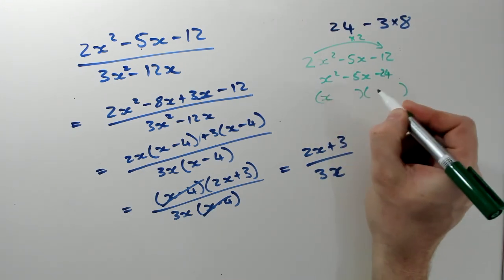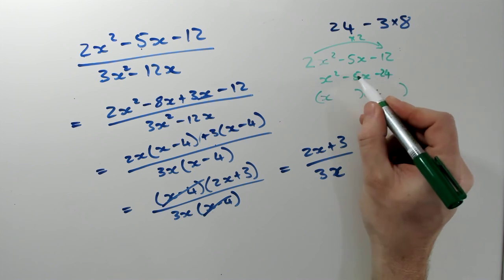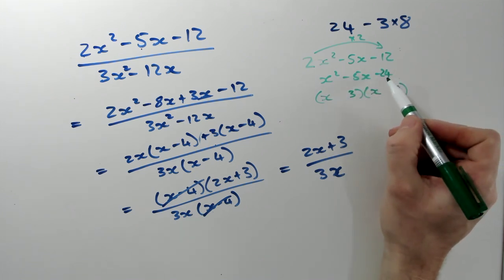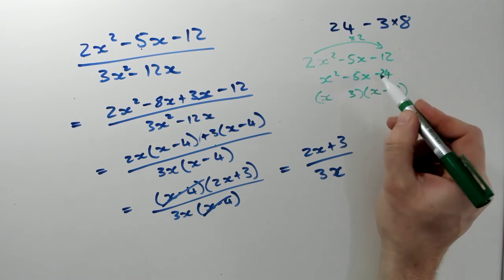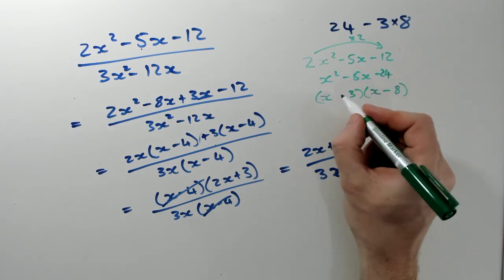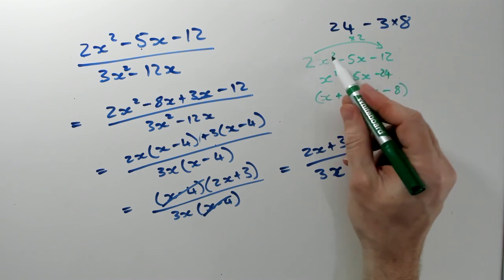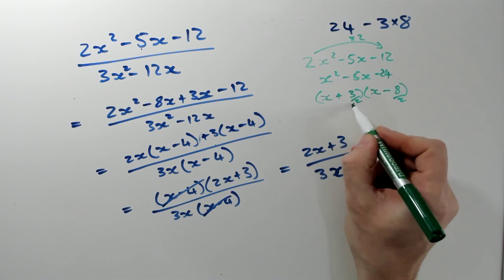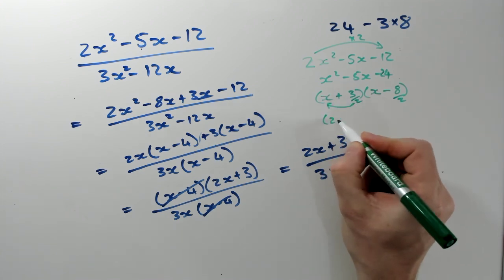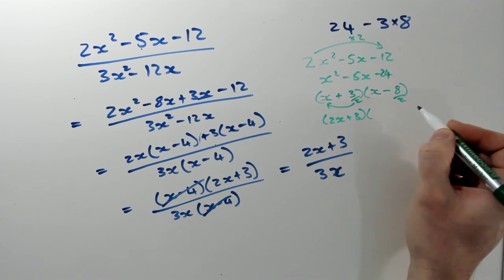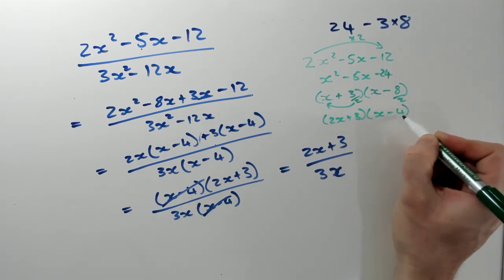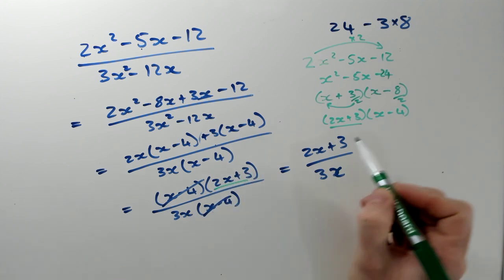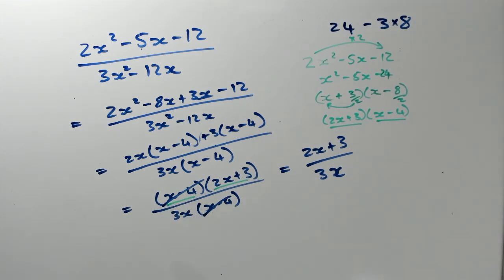So then I have my normal x's as usual, and I know 24 and 5, so it's going to be a 3 and an 8 as usual. And then this is going to be a negative 8 and a positive 3. But because I multiplied by 2, I'm going to divide by 2 on both sides now. And this 2 I'm taking to the front, so it's 2x plus 3, x minus 4, and 2x minus 3, x minus 4.